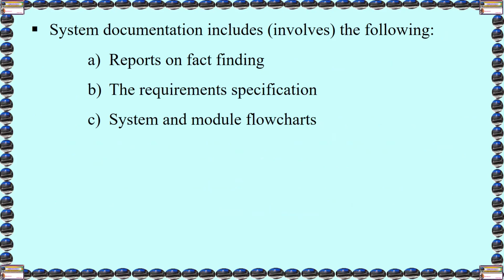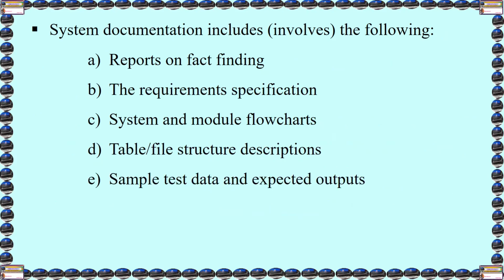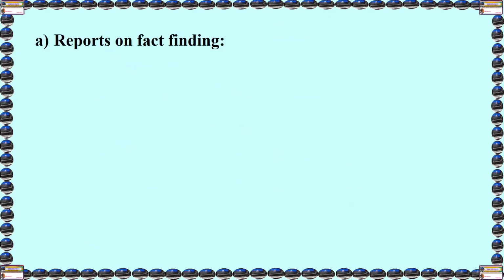Number 3 is developing the system and the module flowcharts. 4 is describing the table or file structure. 5 is including the sample test data and the results that were gotten. 6 is producing the output reports. 7 is doing the user manual.